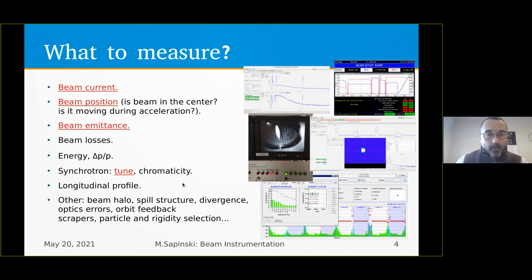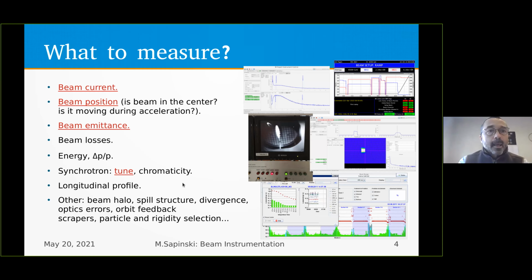You measure the momentum spread, and in the synchrotron, you usually measure the tune and chromaticity, sometimes online, sometimes periodically, and the longitudinal profile of the beam. There are a lot of other little measurements that are done, like beam halo, spill structure, divergence of the beam, optics errors. Part of these measurements are on the border between instrumentation and beam dynamics.